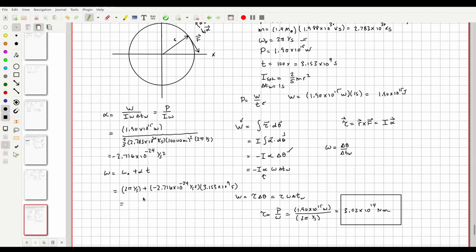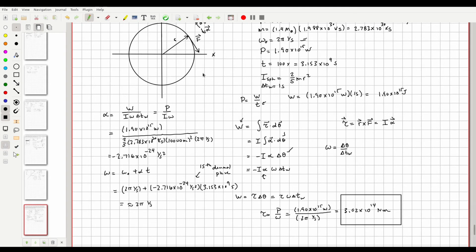So if I were to divide that by 2 times pi, whatever change is going on out here is causing a change around the 15th decimal place. Okay. So for all intents and purposes, it's still 2 pi radians per second.